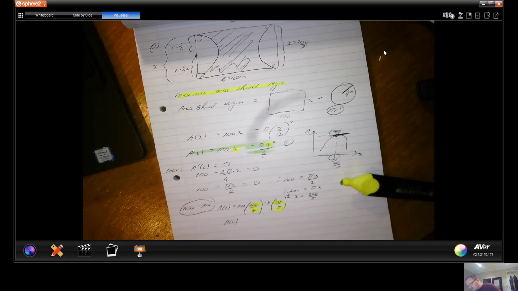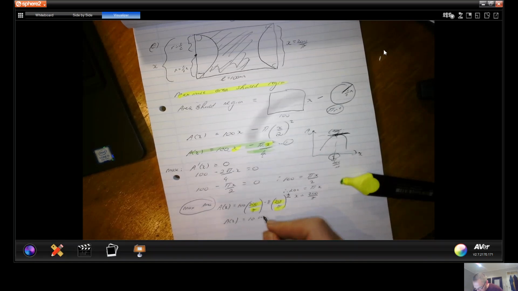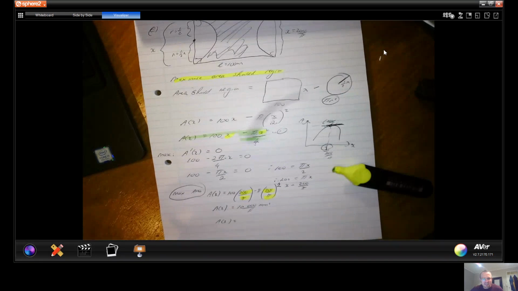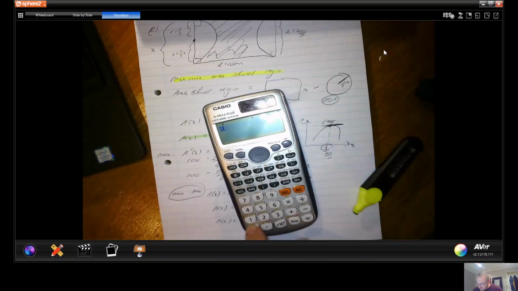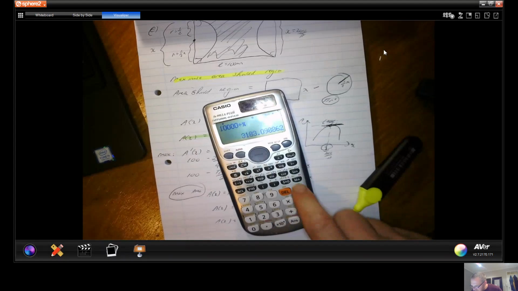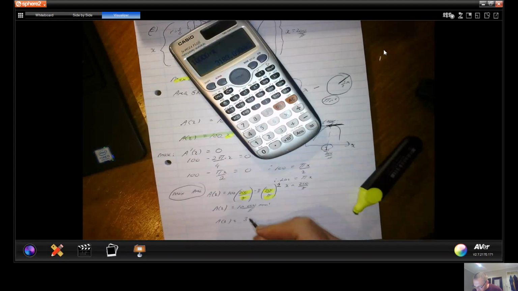Yep, you should get 10,000 over pi millimeters squared. To make more sense of that, we can go work that out on your calculator. 10,000 divided by pi equals, and you get 3,183, to the nearest millimeter squared.